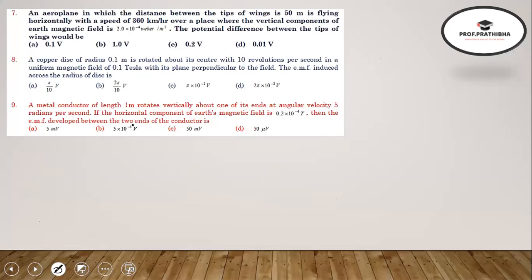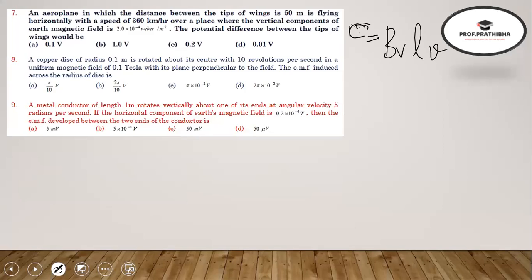Question number 7. An aeroplane in which the distance... Since it is an aeroplane, will we use BVLV or BHLV? How is the motion, horizontal or vertical? How does an aeroplane move? Horizontal. If it is horizontal, which formula do we use? E equals BVLV, not BH, Pankaj.